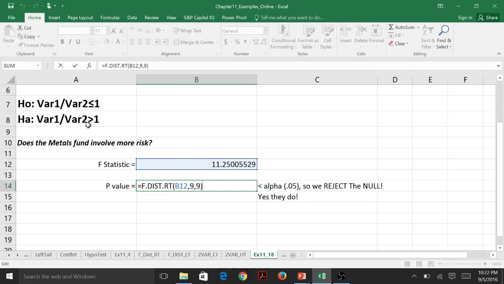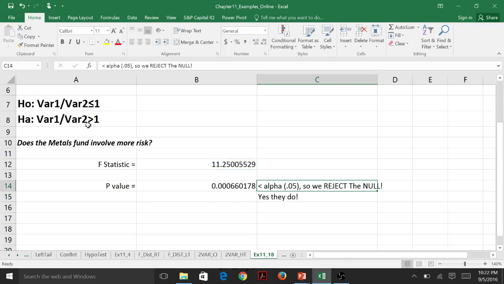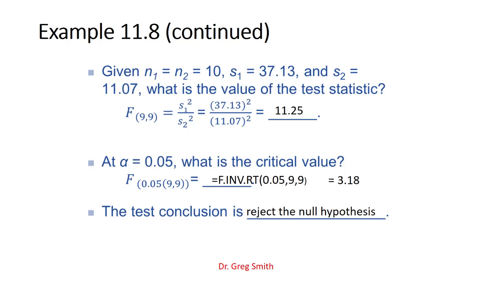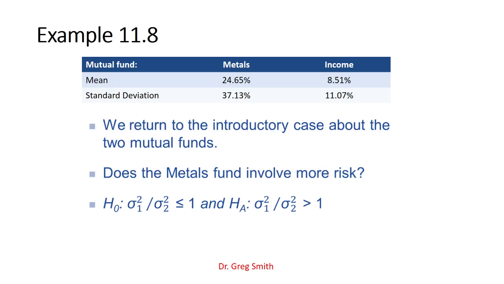This is pointing to the right, and both have 9 degrees of freedom. That p-value is less than alpha, so we reject the null. And in the end, by rejecting the null, to the original question, does the metal fund involve more risk? You just proved from this sample that it does.